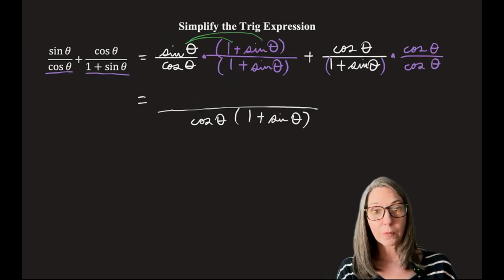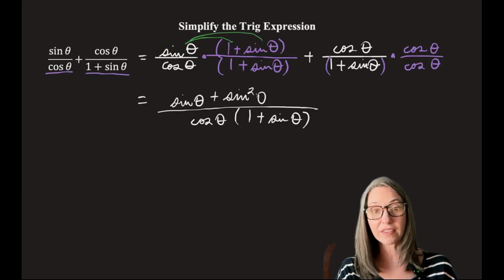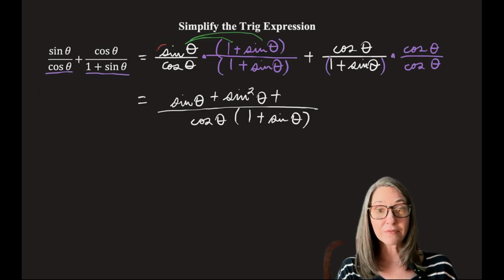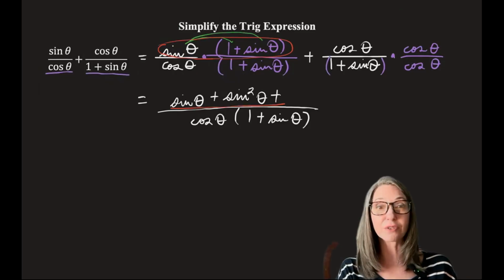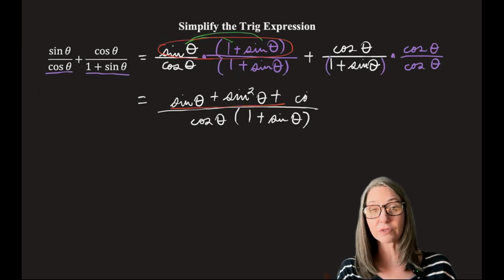So we have sine of theta times 1, plus sine theta times sine theta. We can write that as sine squared theta. So that's the first numerator. Okay, that's plus the second numerator, cosine theta times cosine theta, which is cosine squared theta.